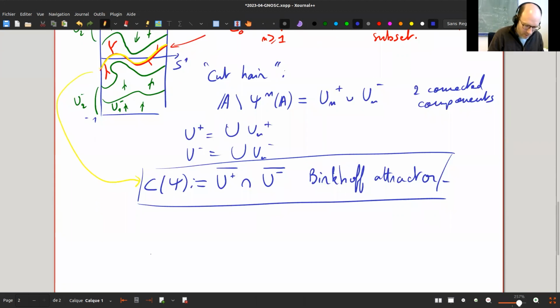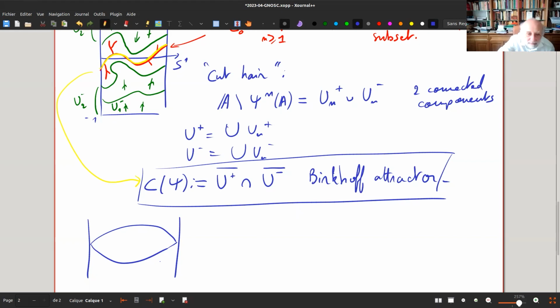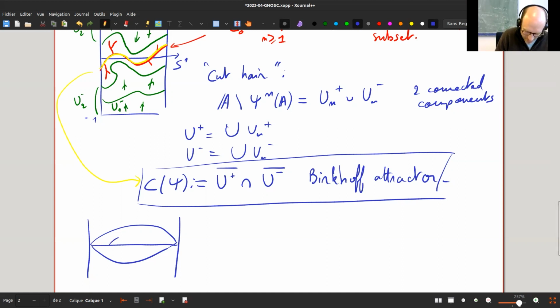So, for instance, if we consider a pendulum, when you represent the level sets of the Hamiltonian for the pendulum, the phase portraits, like in French, in fact, then you see something like this.